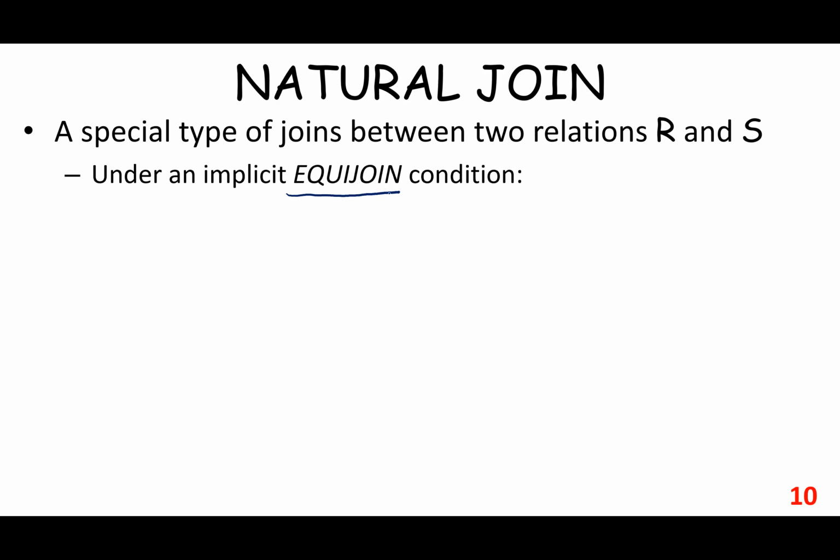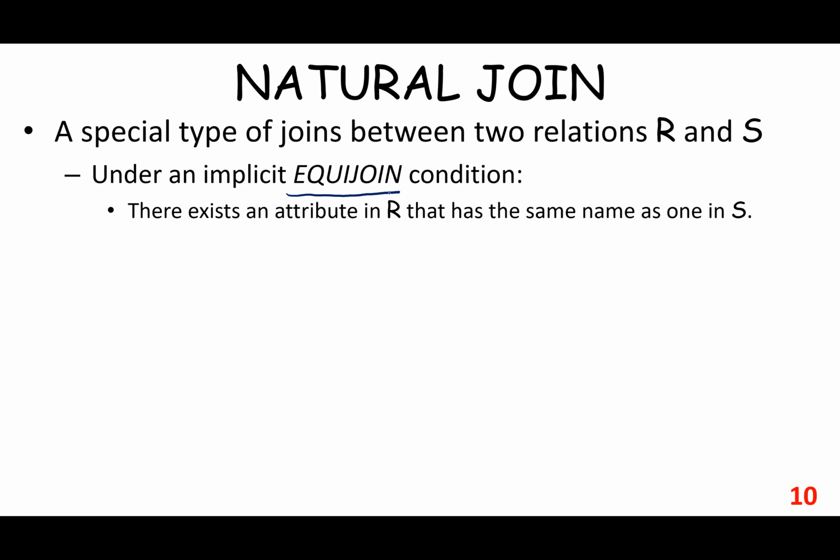What's the equijoin? It tells you there is something equal in those two tables. So what's equal?